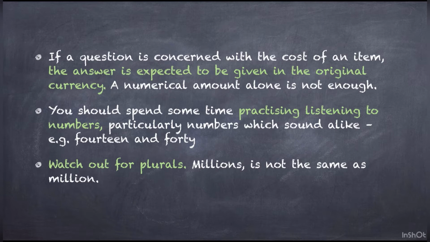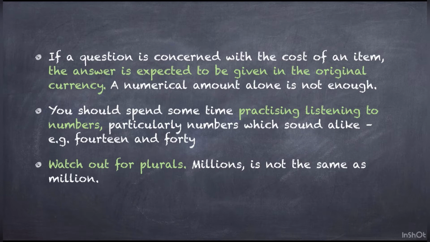You cannot write just 1,000, or change the currency to dollars. Pounds is pounds, dollars is dollars. Can you use the symbol? You can, if you are really sure that the symbol is correct. If you are not sure, just use the spelling.